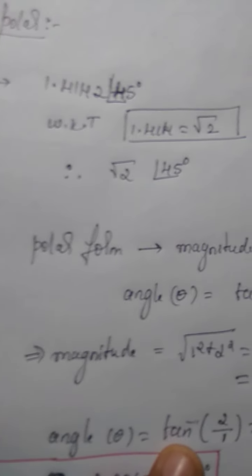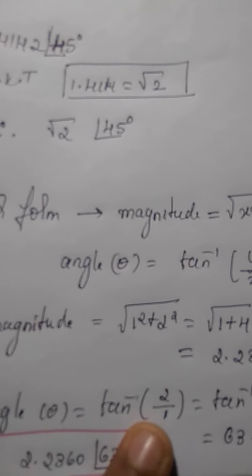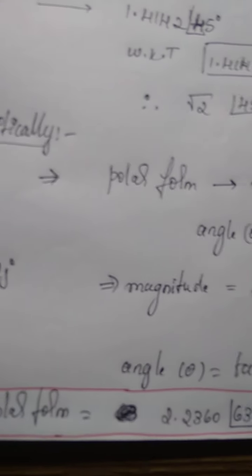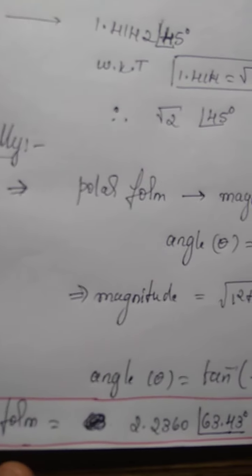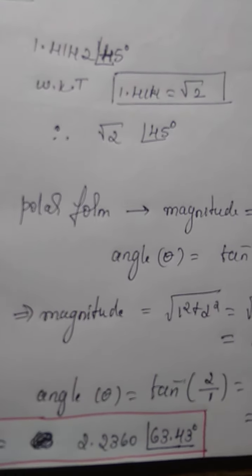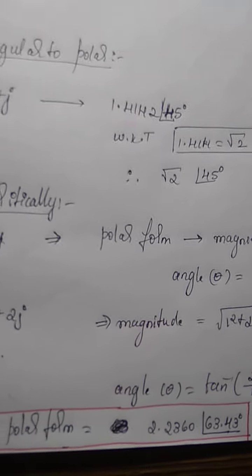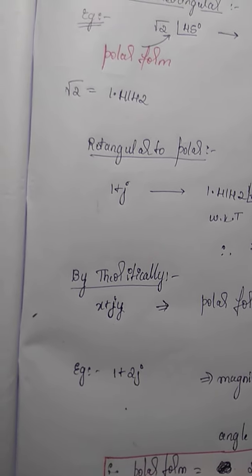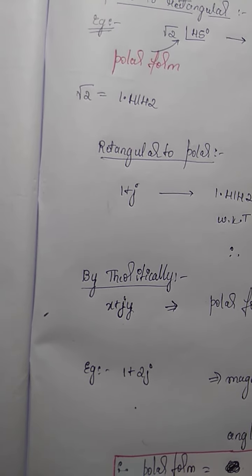Putting the values in the equation, you get tan inverse of 2 by 1, and tan inverse 2 is 63.434 degrees. At last, the polar form is 2.2360 angle 63.43 degrees. I hope you got this idea, and thank you all.